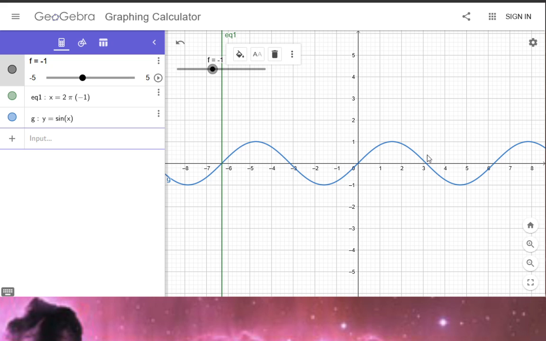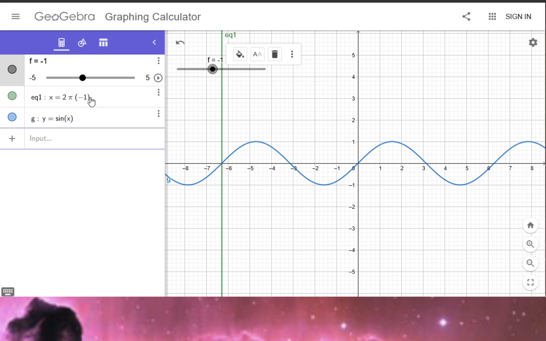I think that's what it's doing. If I were to do, let's say, because x is 2 pi f, f is the frequency though.